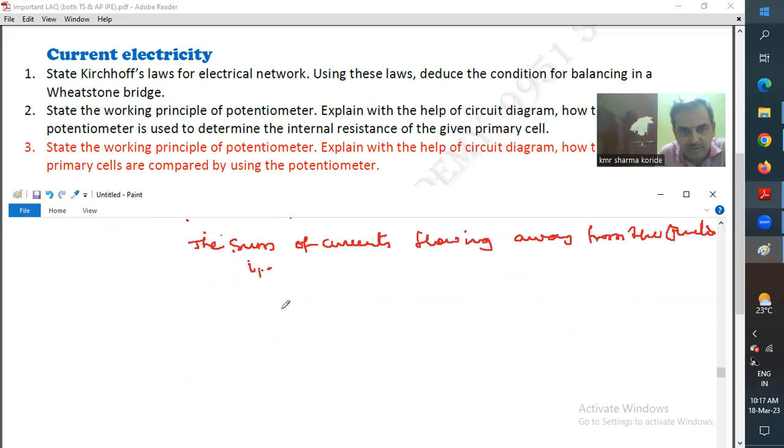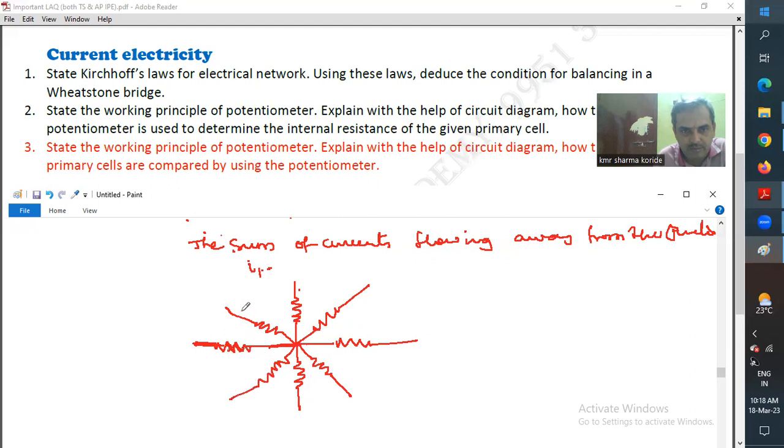For example, you can understand with the help of diagram like this. Suppose let us say this is a point in any circuit. So this is a resistor. You can take a few of them.